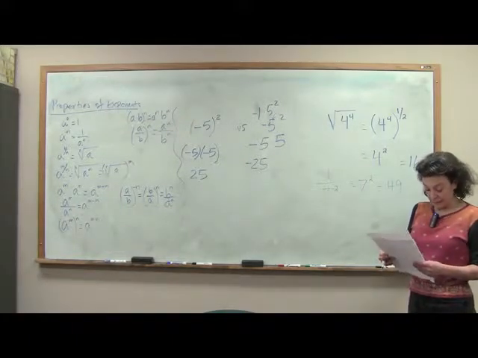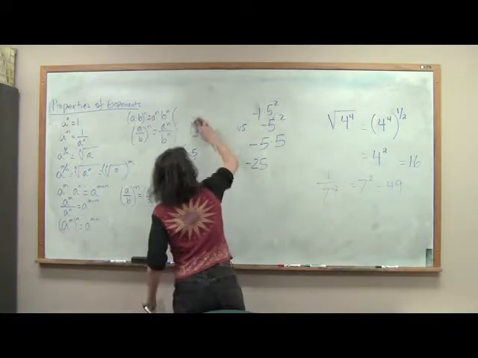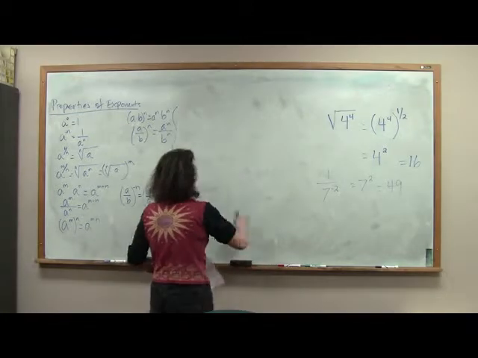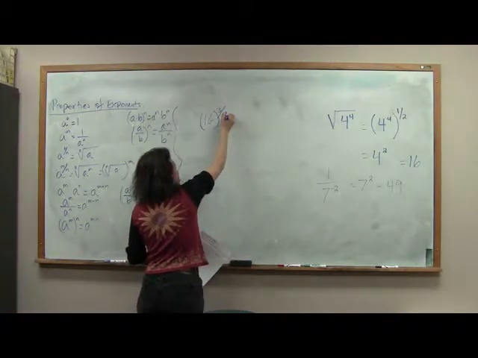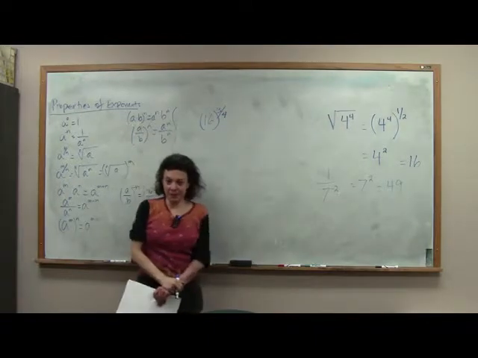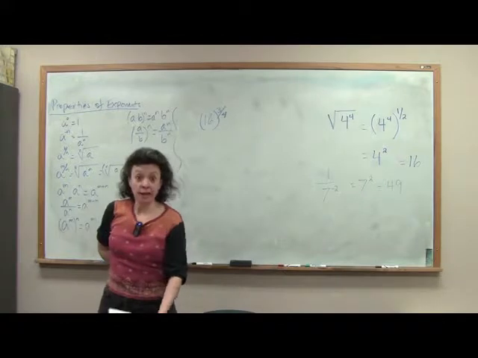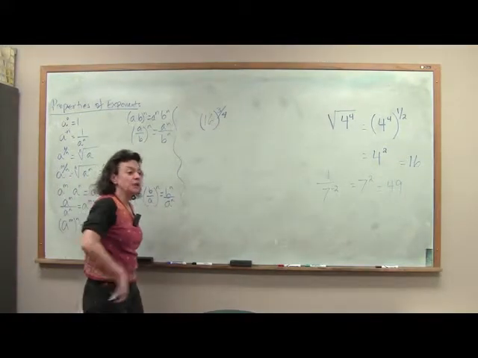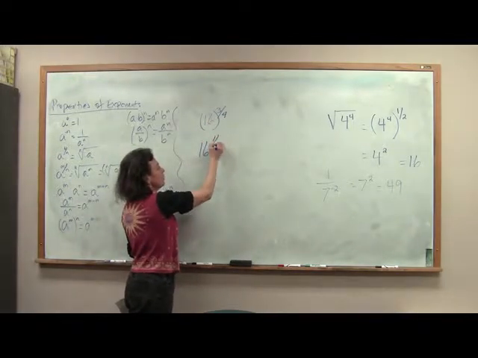All right, what if I have this guy? What if I have 16 to the 3/4 power? All right, again, we're not going to use a calculator here. What I would do is I would rewrite my 3/4 power in the following way.